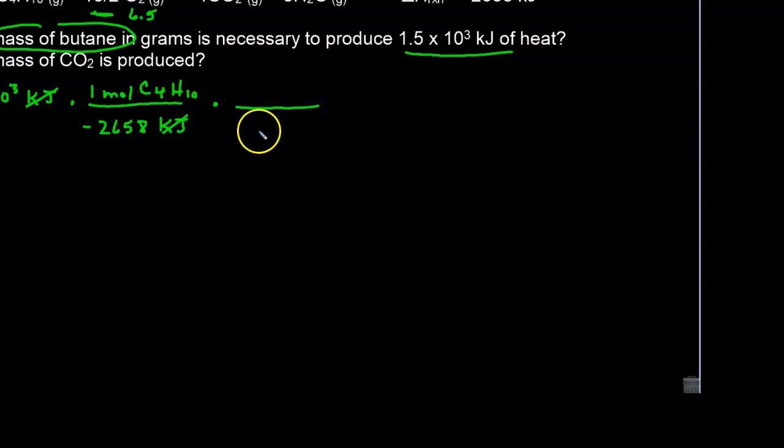And for moles, I need to go to grams of butane, our mass. So 1 mole of butane would have a mass, and you can calculate that or look it up, and what I looked up showed 58.12 grams.